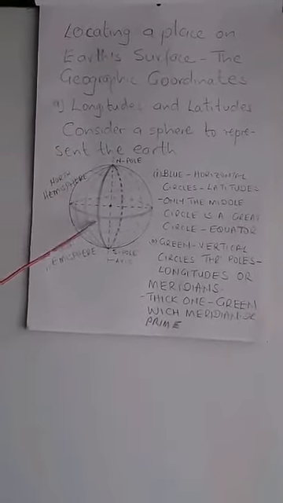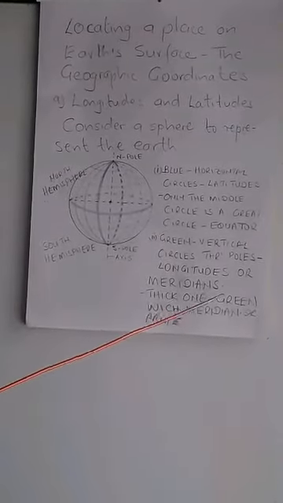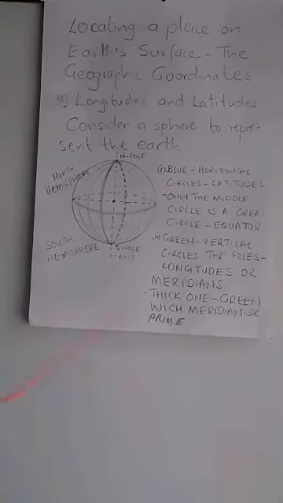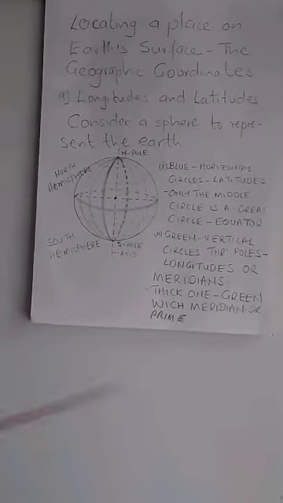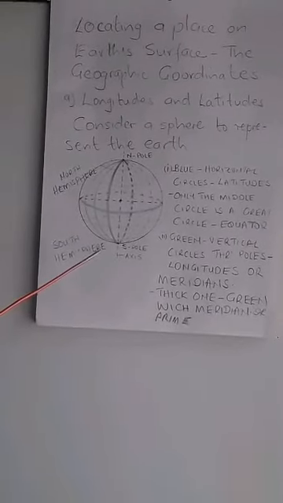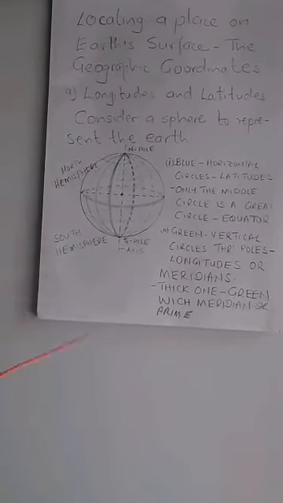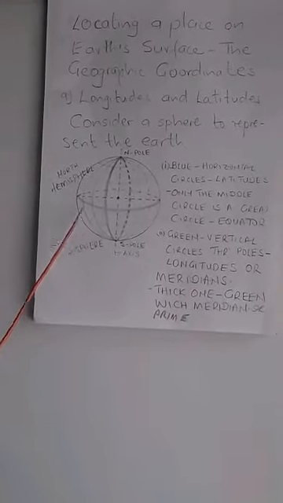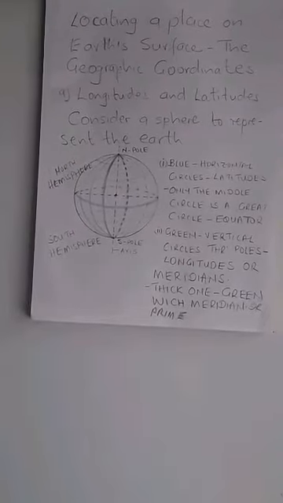The one you have seen, it's a bit thicker than the rest. We call it the Greenwich Meridian or the prime meridian. The word meridian means longitude. So we can also call it the prime longitude. It is a reference longitude which divides the Earth into an eastern hemisphere and a western hemisphere.